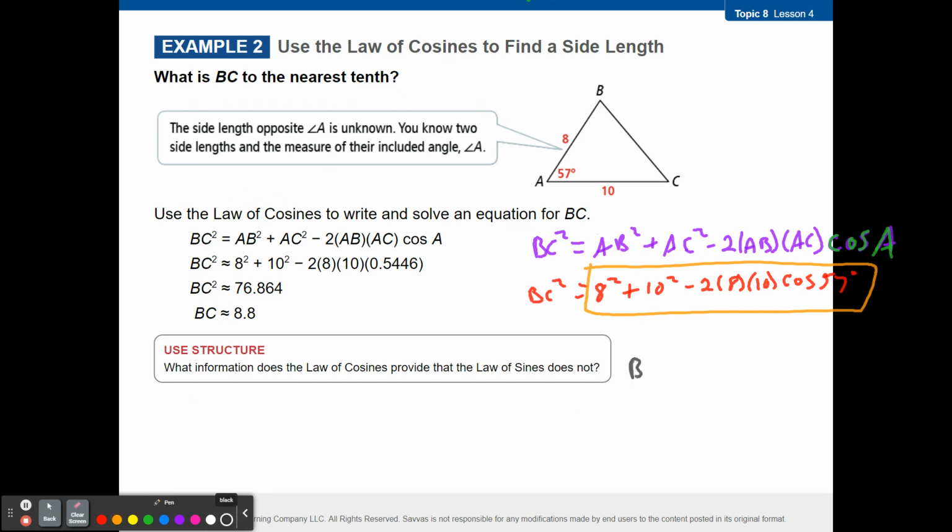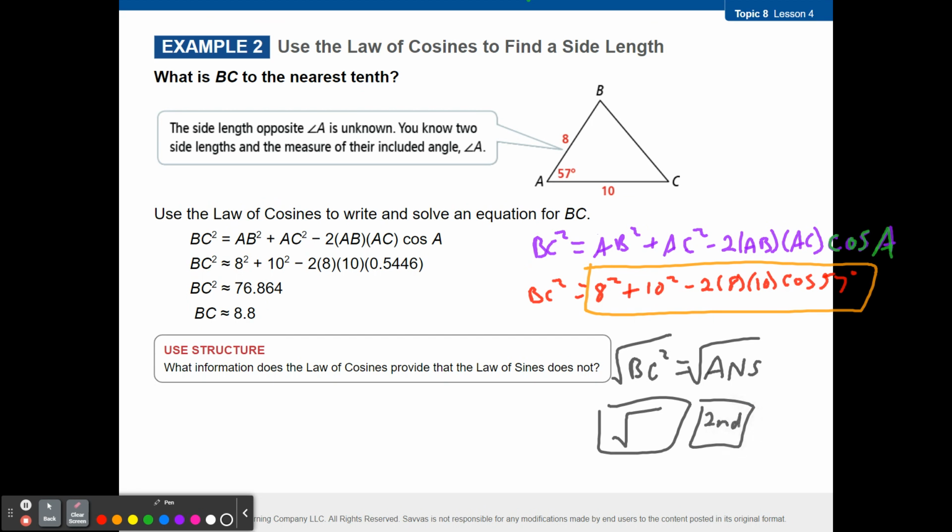So now you're left with BC squared equals some decimal. We still need to get BC squared by itself, so I'm going to take the square root of that. Now here's how you type that in your calculator. You're going to type square root, hit your second button, and then hit the negative button. That's your ANS.